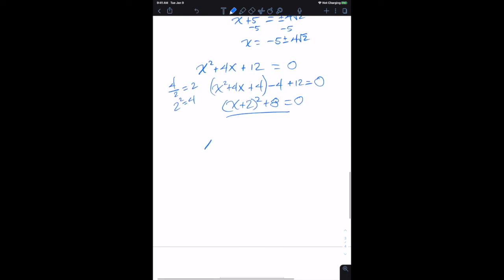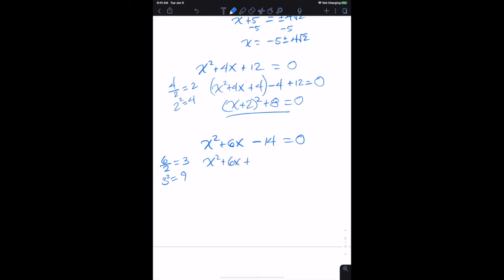Let's do another one. x squared plus 6x minus 14 is equal to 0. Let's use completing the square. I'm going to take that second term, 6, divide it by 2, and I get 3. And I'm going to take that 3 and square it, and I get 9. So I rewrite this: x squared plus 6x.